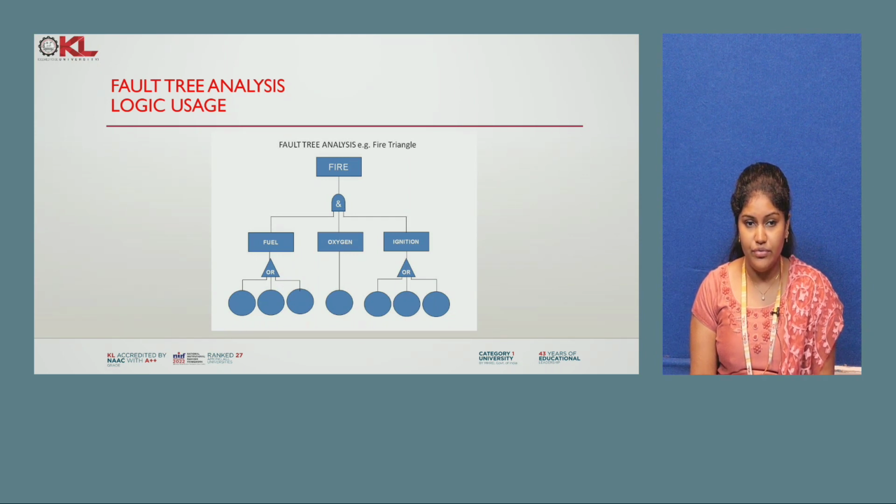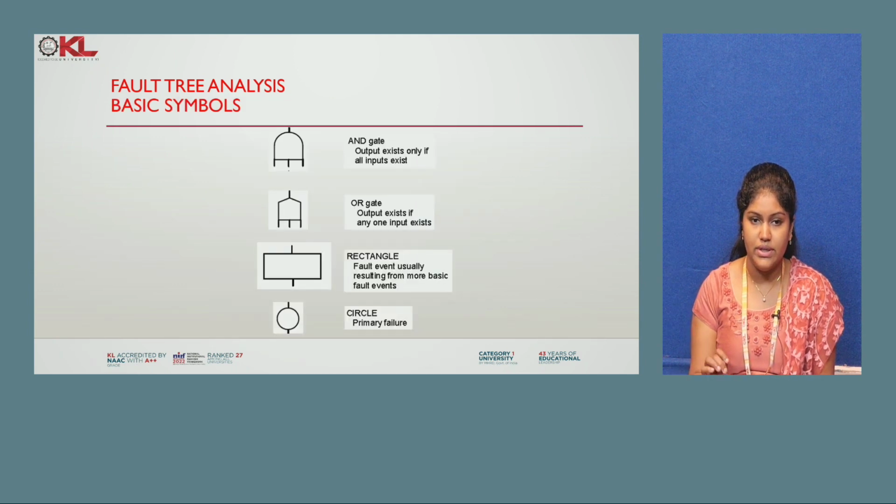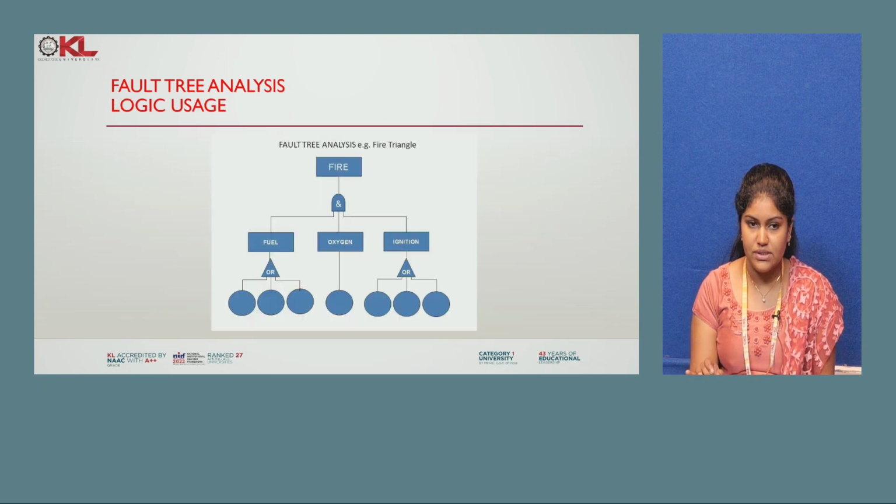From the fuel, we have given an OR gate. What is meant by an OR gate? Output exists if any one input exists. Only one input is required. If one input is there, the output will come. But in the case of AND, however many inputs there are, all the inputs should be there, then only the output will come.